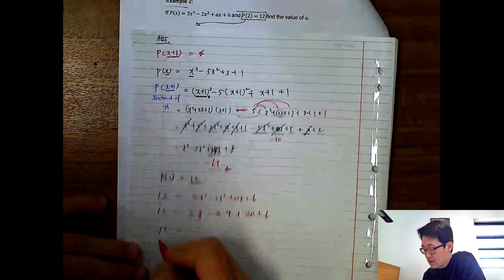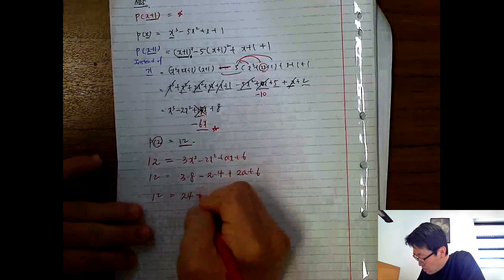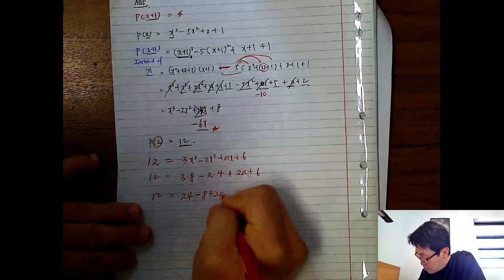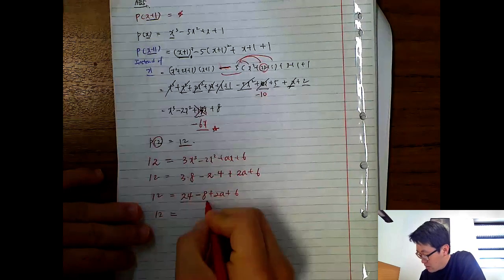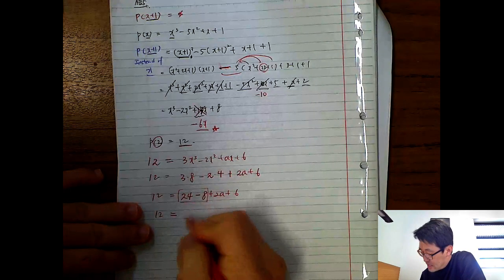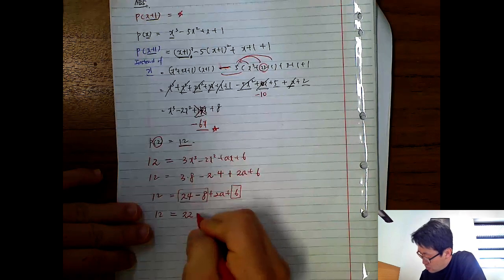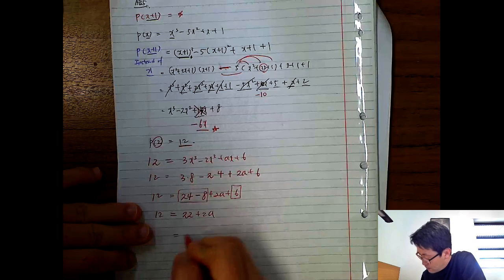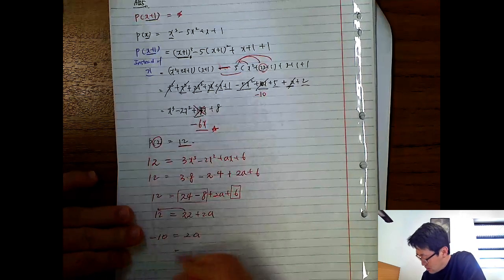You can write down the 12 at the end. I'll just write it down. 24 minus 8 plus 2a plus 6. 12 equals, I'll write down here, what do we get? 16. 16 plus 6, 22 plus 2a. Move that over, minus 10.